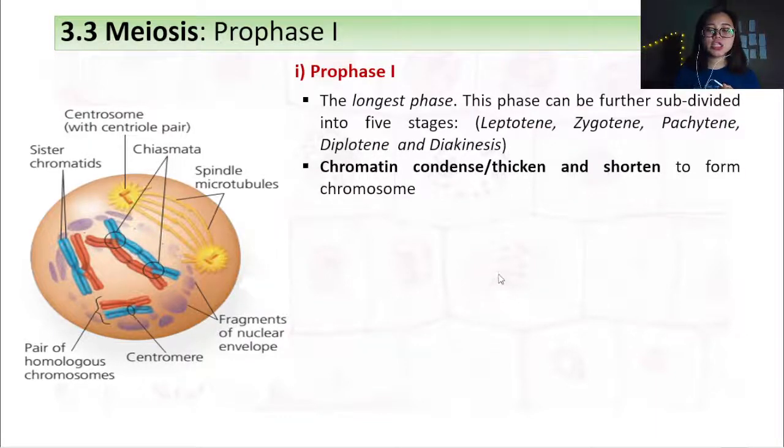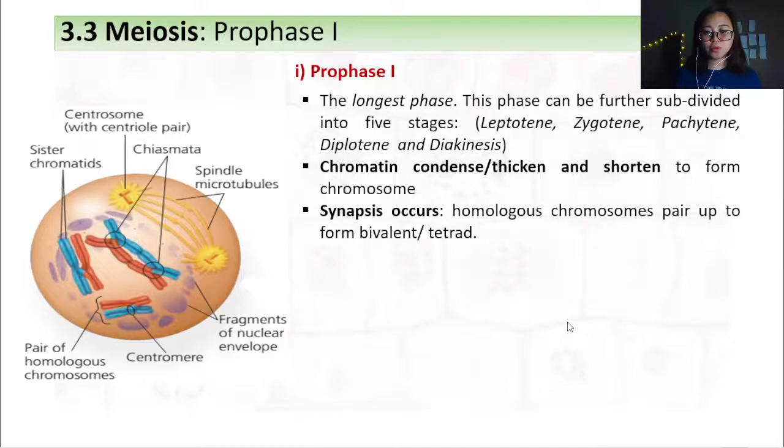At this stage, just like in mitosis, the chromatin will condense or thicken and shorten to form chromosome. Sama macam prophase, chromatin DNA kita yang halus itu tergumpal menjadi padat dan dia akan membentuk chromosome. At this stage, synapsis will occur, or homologous chromosomes pairing up to form bivalent or tetrad.